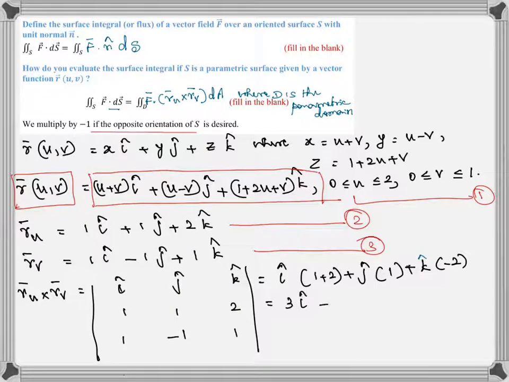So we get 3i plus j minus 2k. We'll call it step number 4. So R_u cross R_v is done.